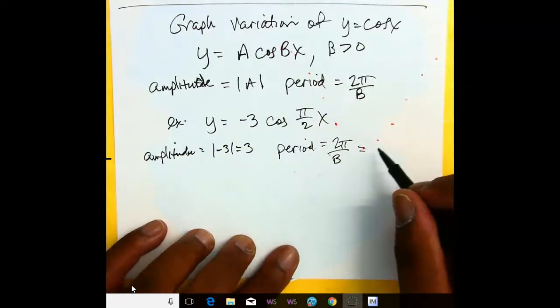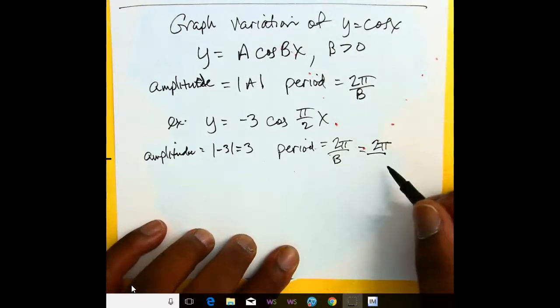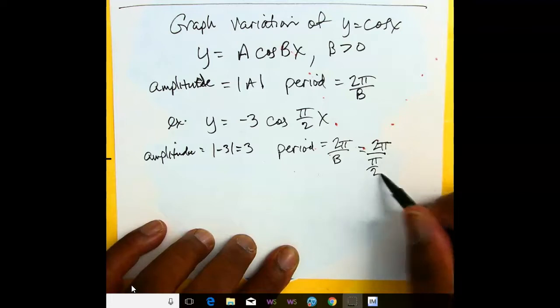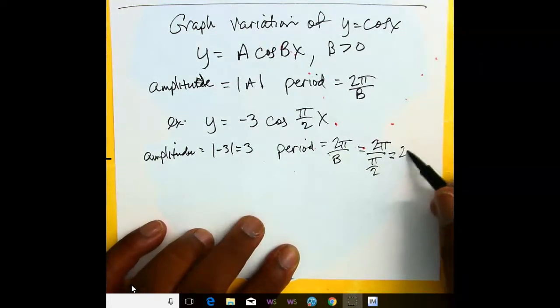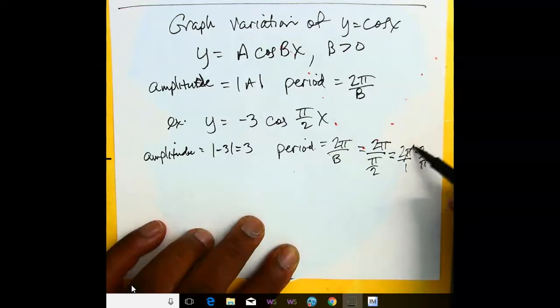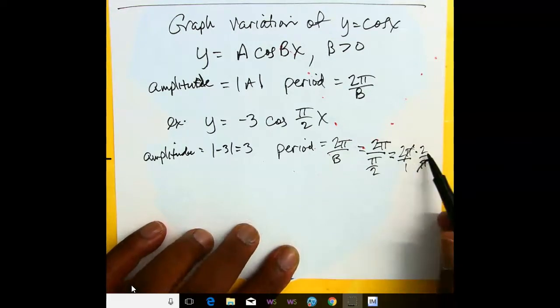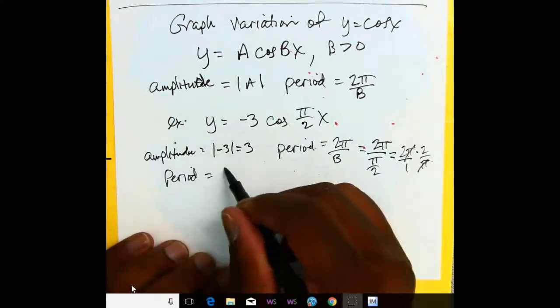So in this case, it's going to be 2 pi divided by pi over 2. I got an answer of 4, so that would be 2 pi times 2 over pi. We put that over 1. Pi goes into itself 1 time. 2 times 2 is 4. So our period is equal to 4.